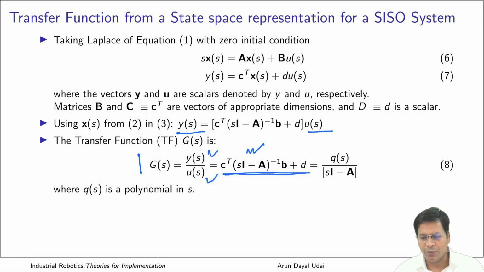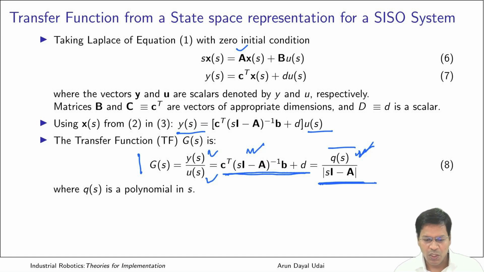If you convert it, you will get some polynomial in s, and the numerator and the denominator will have the determinant of sI minus A. So this gives your transfer function, with the numerator a polynomial in s and the denominator the determinant of sI minus A.